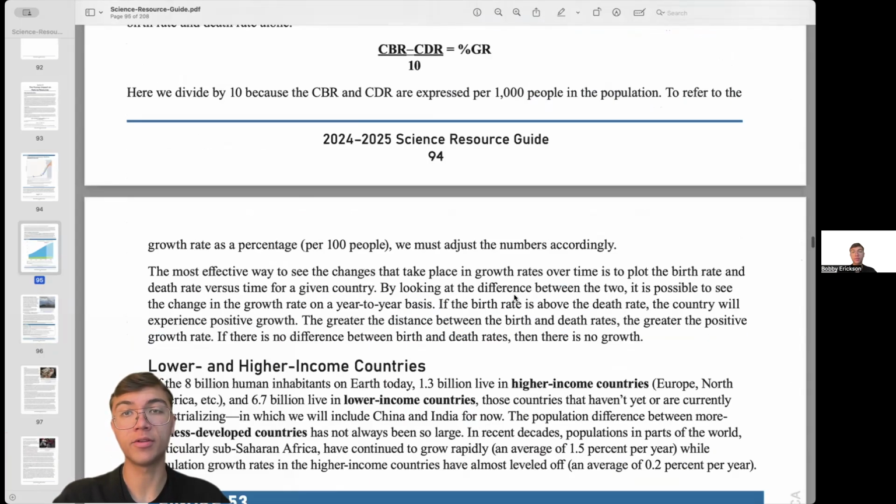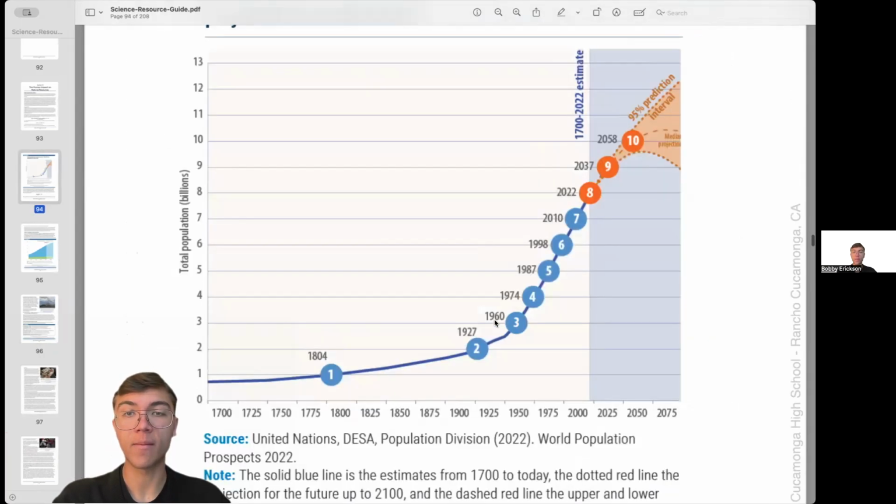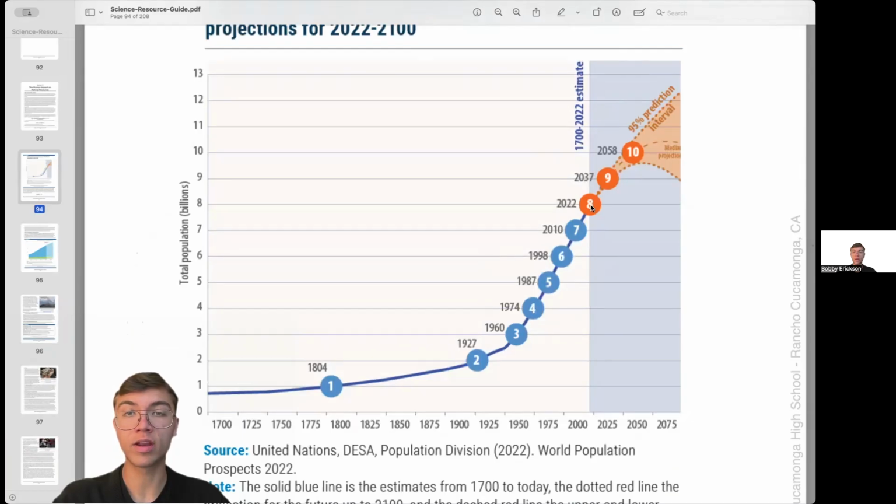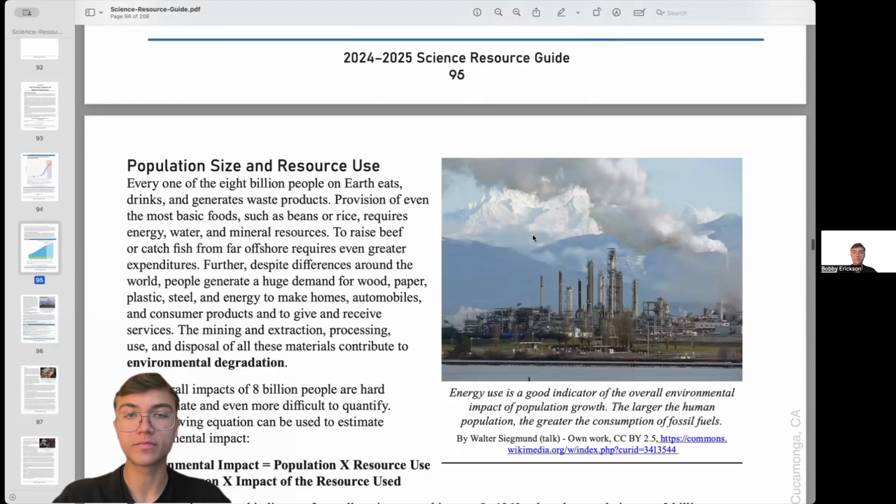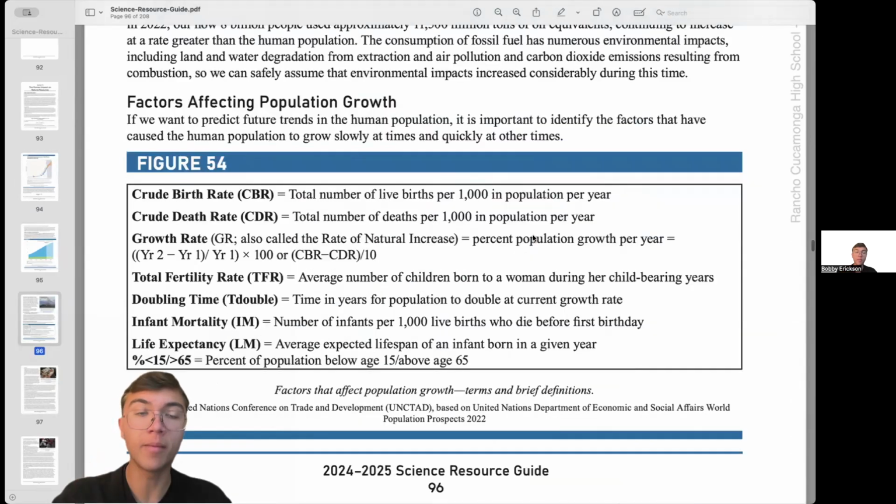So, once again, if we look back at this chart from 1974 to 2022, it took 48 years in order for the population to double. And so we're looking at how long that doubling time was.